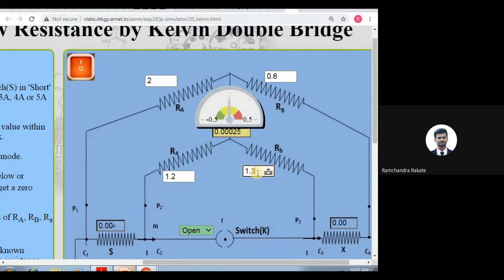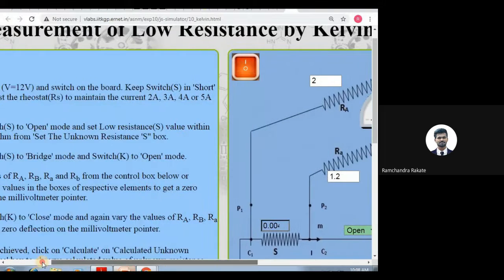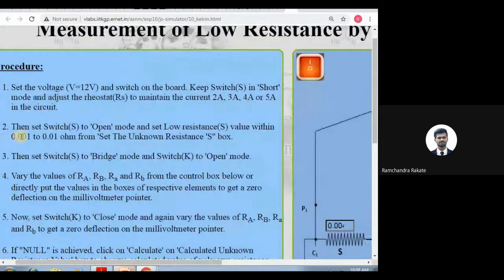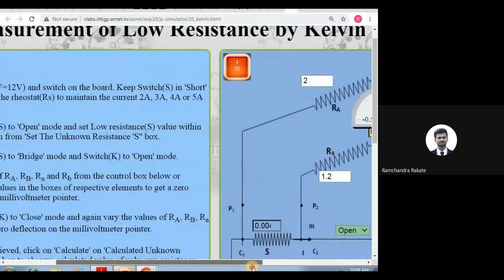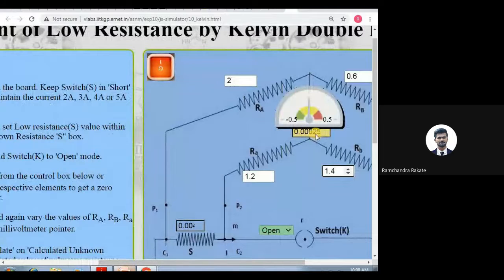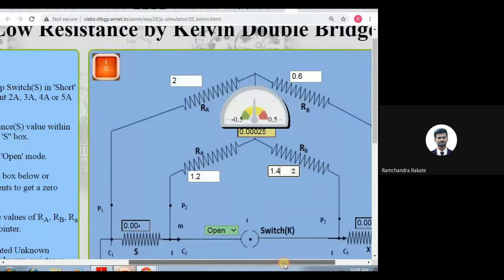If the RB value is from 1.3 to 1.4, you can observe it is negative, and for 1.4 it is 0.00025. So we have achieved our basic zero deflection, but it is not accurate still. What they are saying, we have to keep it as 0.001. And now it is 0.0025.